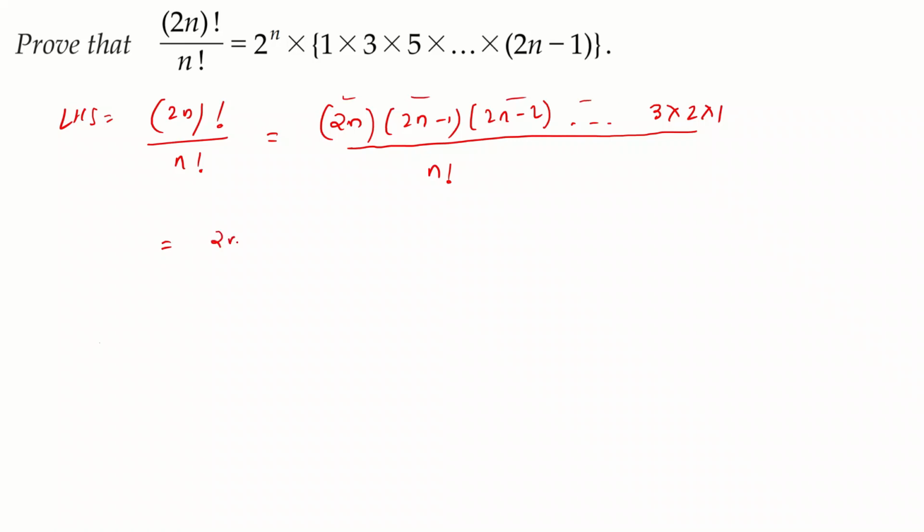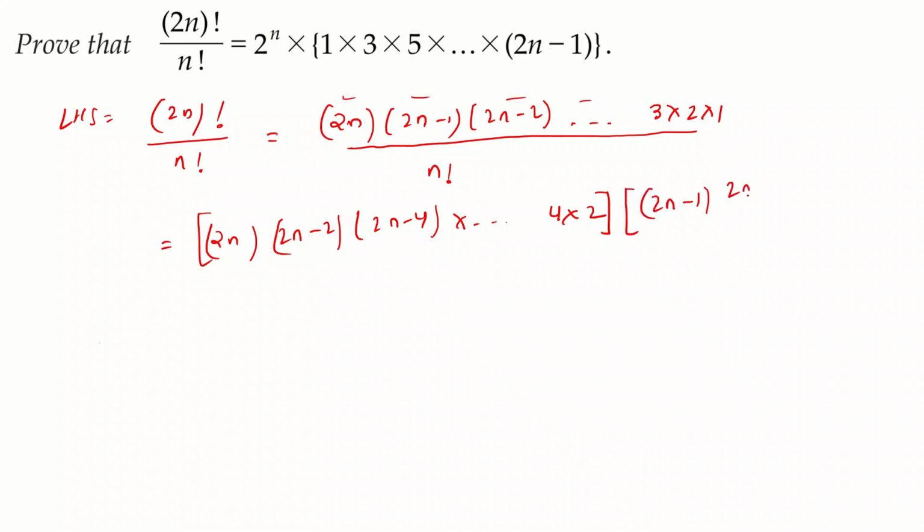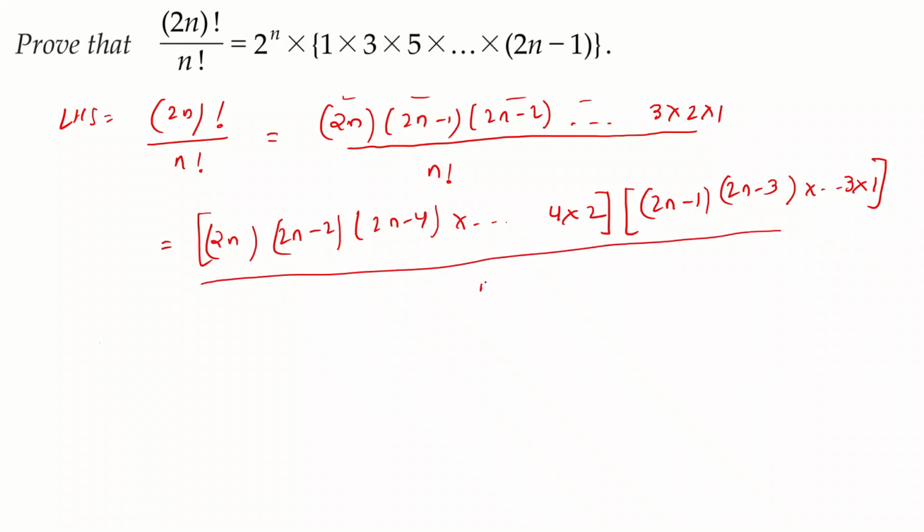So we write down the even numbers together, all the way up to 4 times 2. These are the collection of all the even numbers, and then we write down the odd numbers separately, all the way up to 3 times 1, and then we leave n factorial as it is. Now in each of these even terms I can take 2 common.